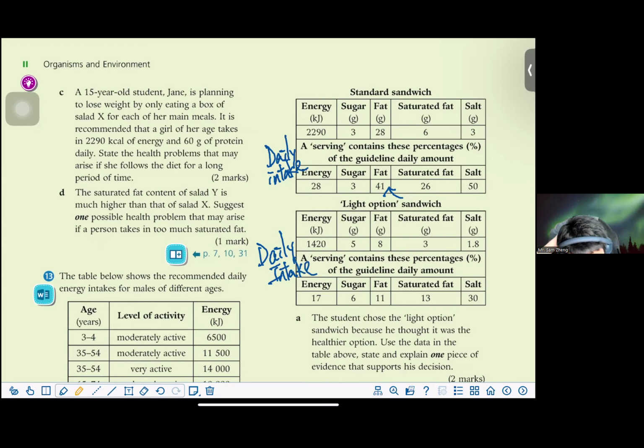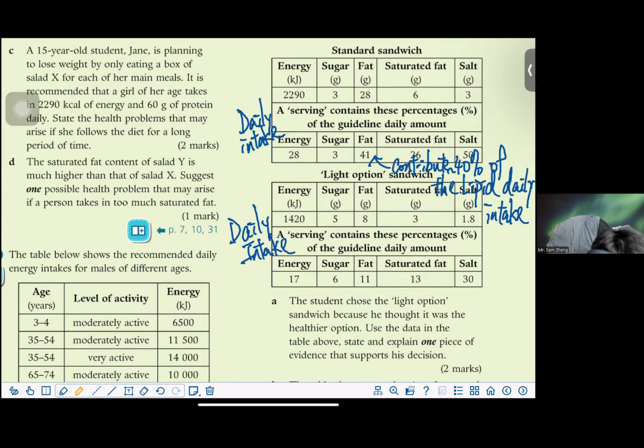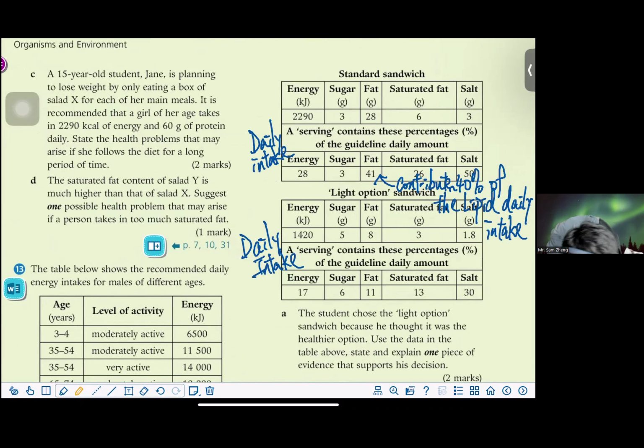So when we look at the fats, the standard sandwich already contributes around 40% of the daily lipid intake. So it is a lot more fat compared to the light option one.